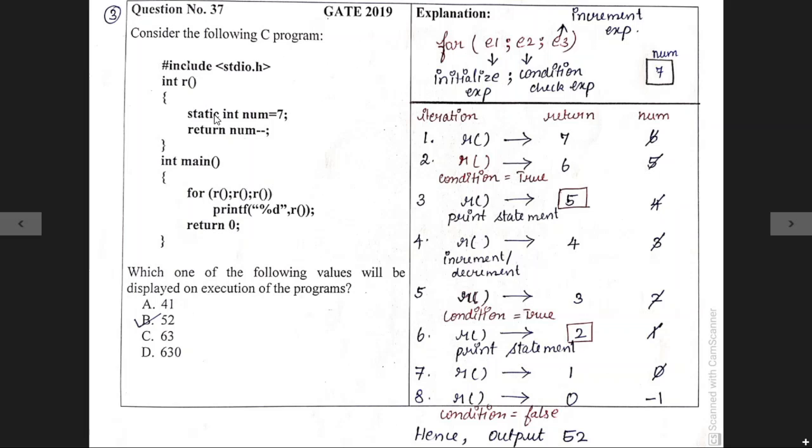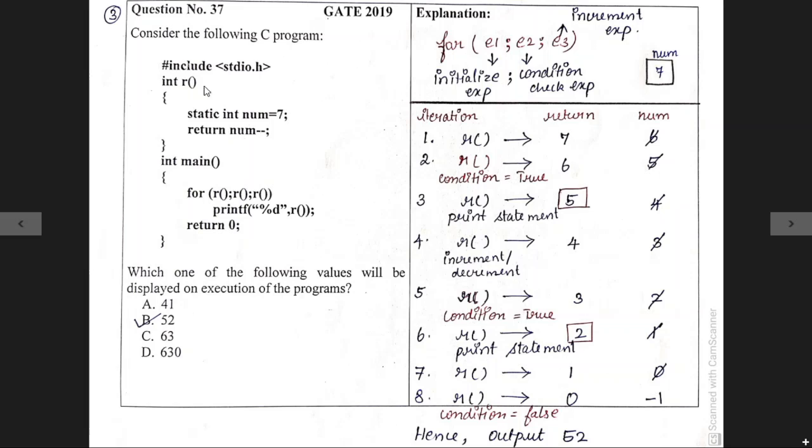This R function contains the static variable num. It contains the value 7. Initially num contains 7, and the next statement is return num minus minus, which is post decrement, so it returns the value first and decrements second.